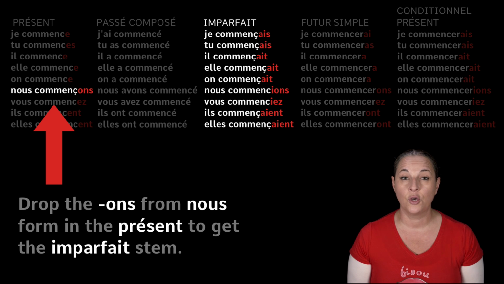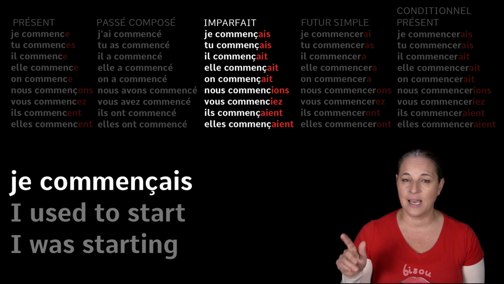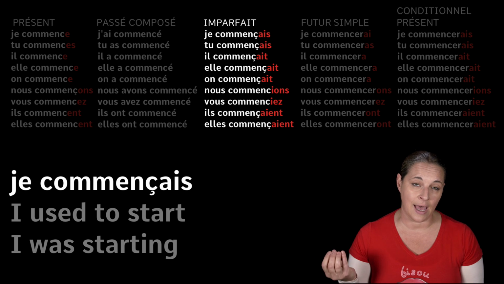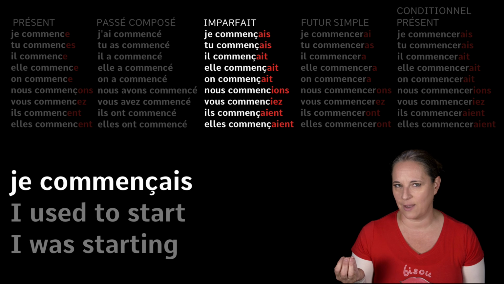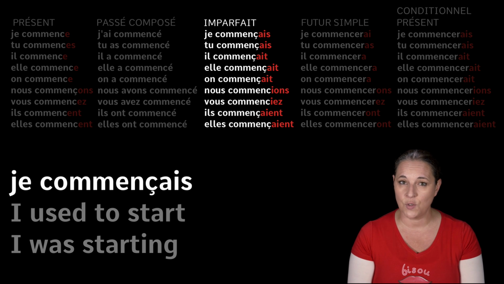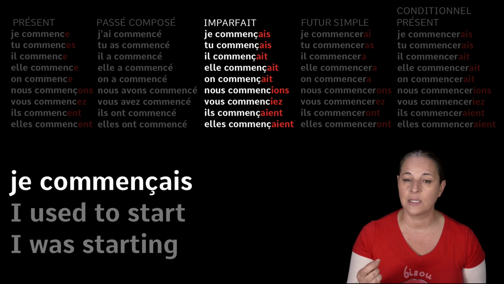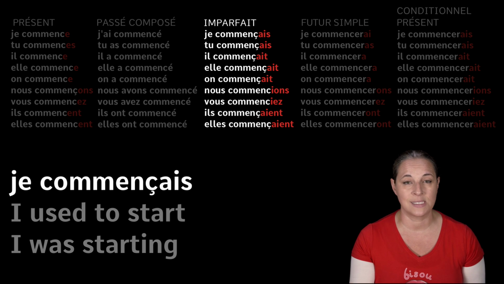So let's have a look. Je commençais. So C cédille, A-I-S, because A also comes with a cédille. Remember the only letters that do not require a cédille are the E or the I. But here, the A and the O and the U require a cédille, to make the sound S. And we want to keep the S sound.